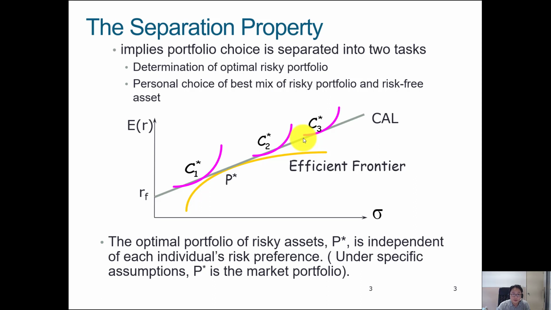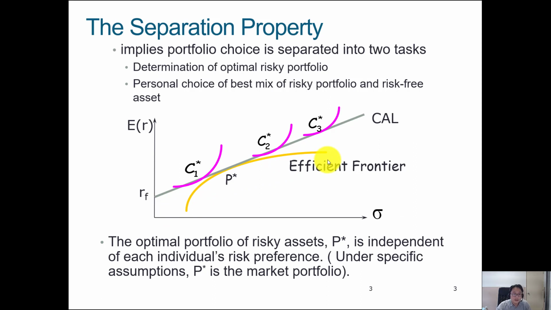First, we need to determine the optimal risky portfolio. We do that by creating the efficient frontier, which is this yellow curved line, the P star. The efficient frontier consists of all of the different assets available on the stock market.